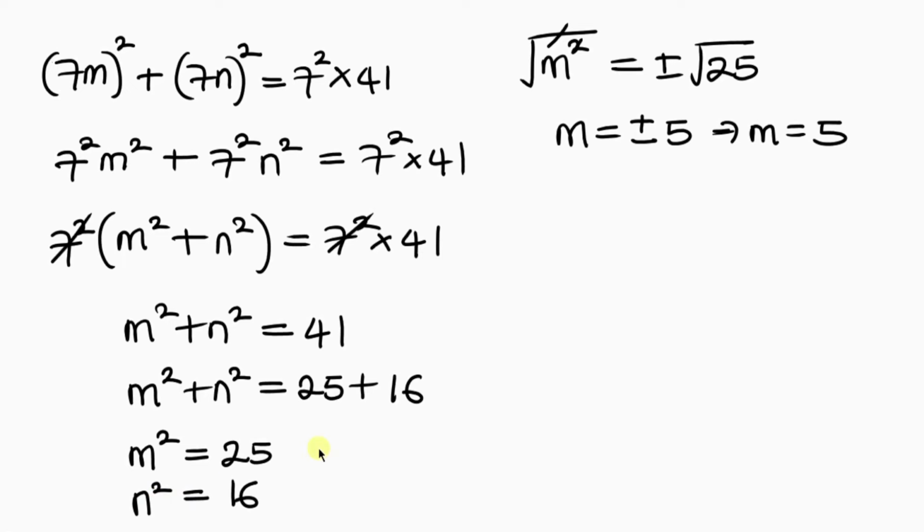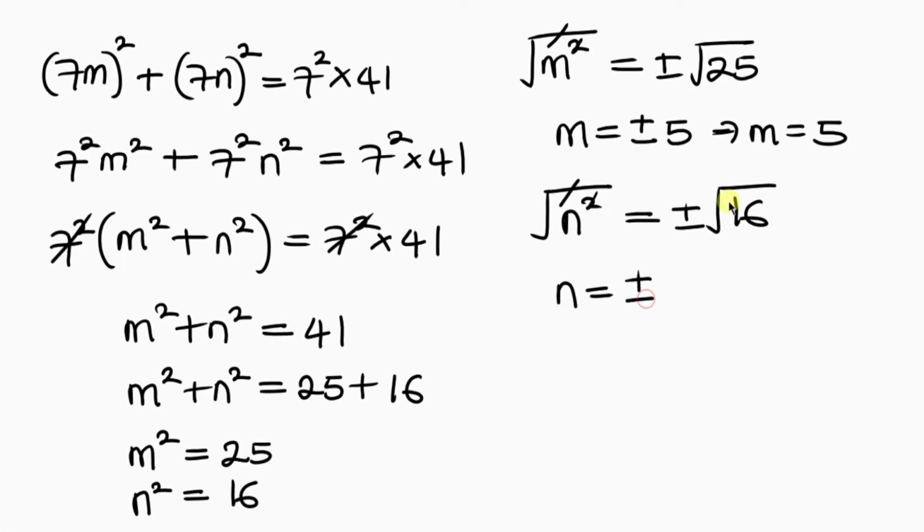Now to get the value of n, we still have to take the square root of both sides. So we have n squared, we take the square root of the left, equal to plus or minus the square root of 16. Now the square root cancels out the square, leaving behind n equal to plus or minus the square root of 16, which is 4. Now n is a positive integer, which means our value for n will be positive 4.